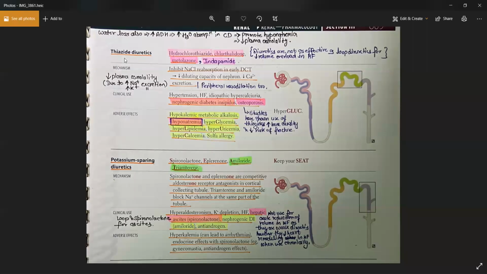Can anyone tell me, if I give the patient a combination of loop and thiazide, what kind of an interaction it would be?